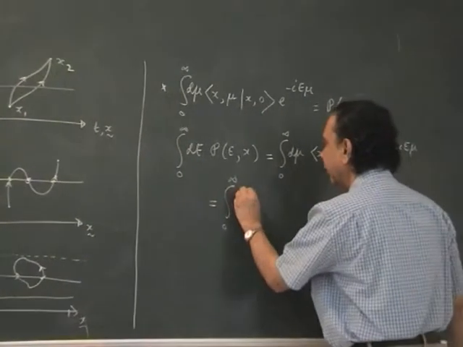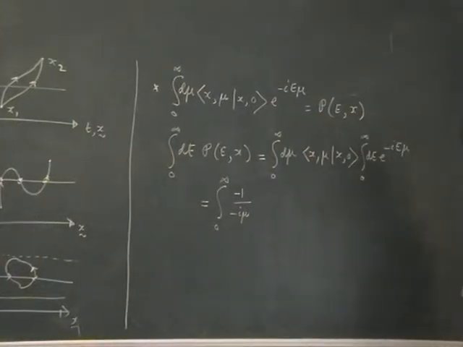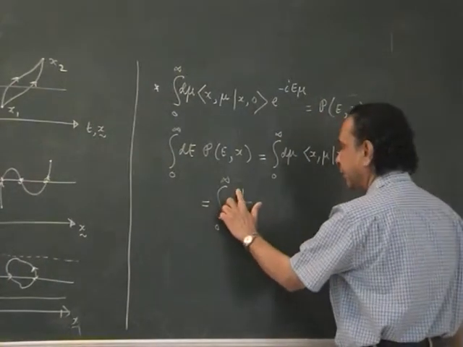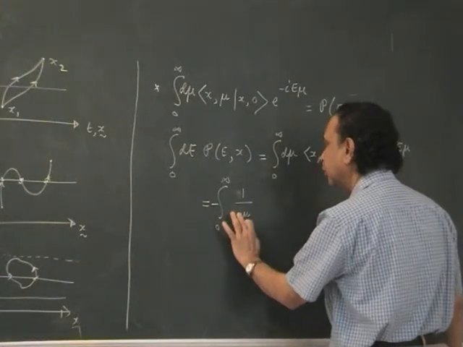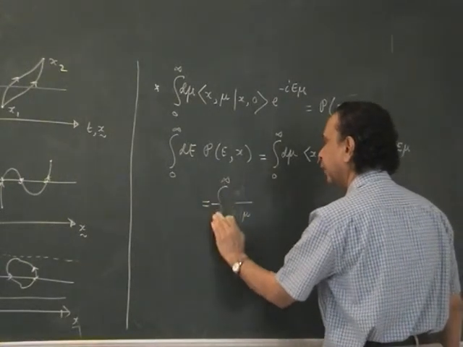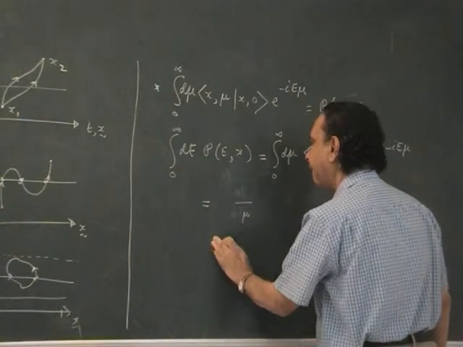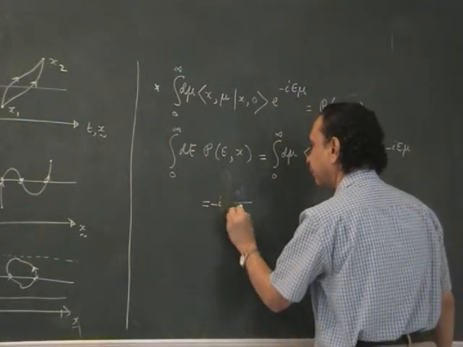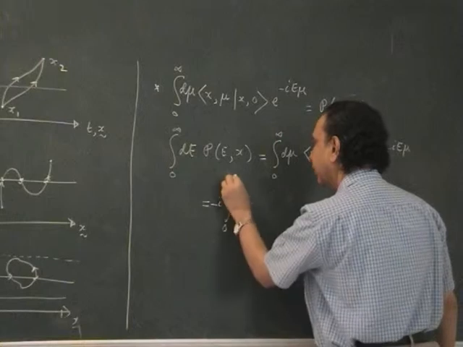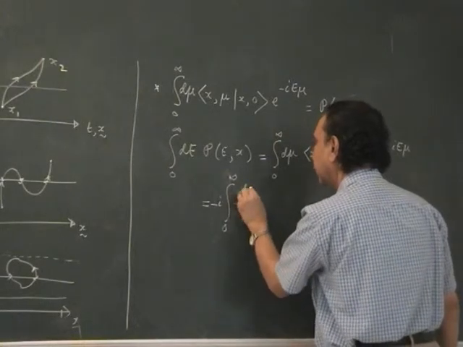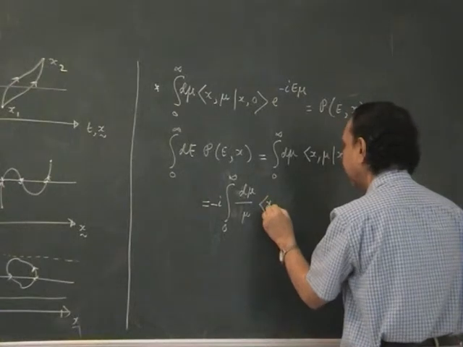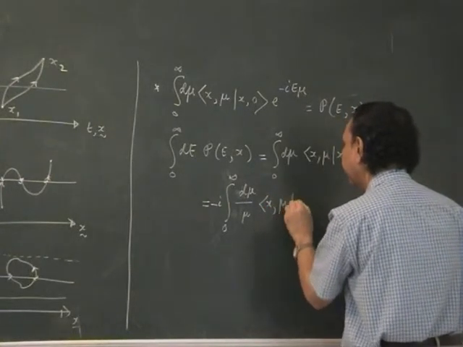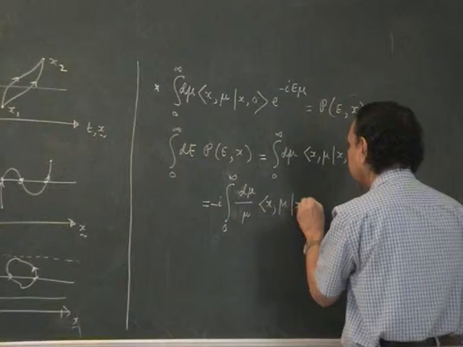Therefore, there is an extra minus 1. So this minus and minus goes away, and then an extra minus appears and i goes on to the top. So it is minus i, integral 0 to infinity d mu over mu of the amplitude for x, mu, x, 0.